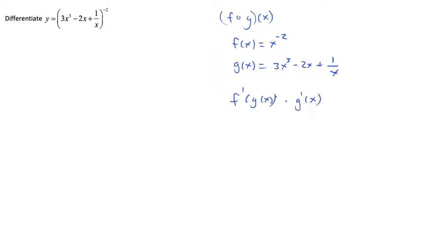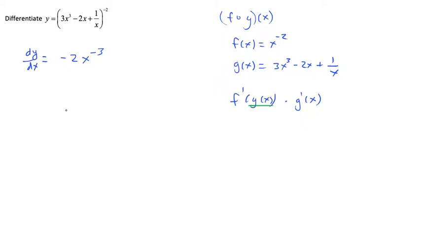So let's take a look. For dy/dx, the derivative, we're going to do this in steps. What's the first thing we do? We take the derivative of f. What is the derivative of f? In this case, we can just use the general power rule. We get negative 2 x to the negative third power. But we notice we have to evaluate this: instead of leaving it as x, we have to plug in g of x.